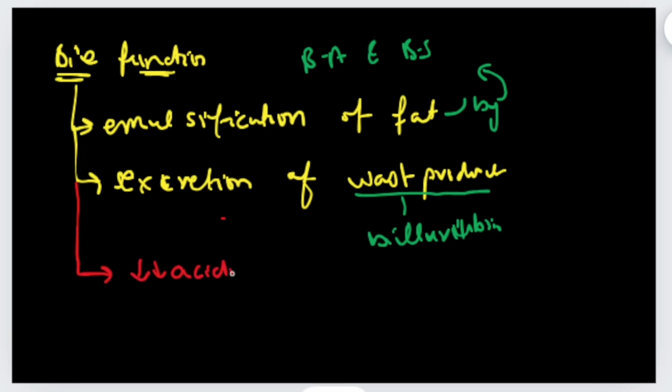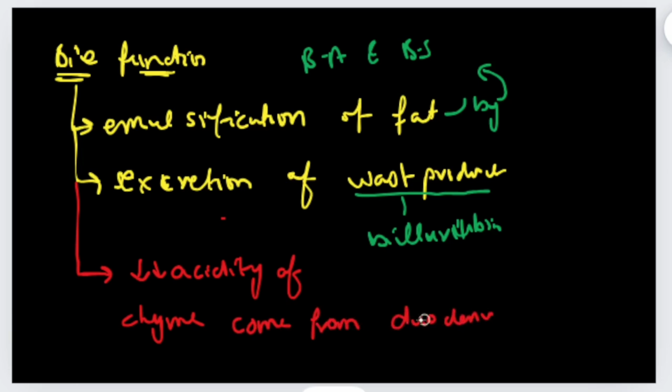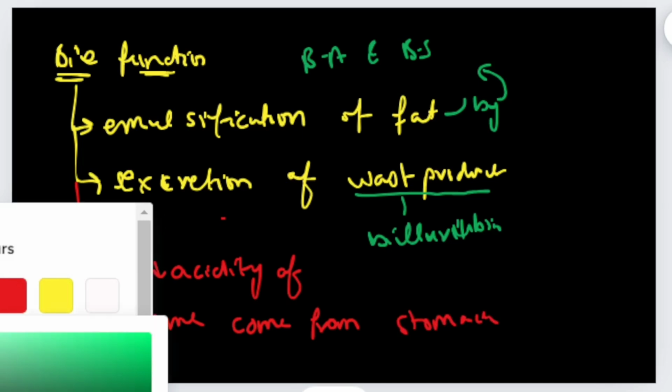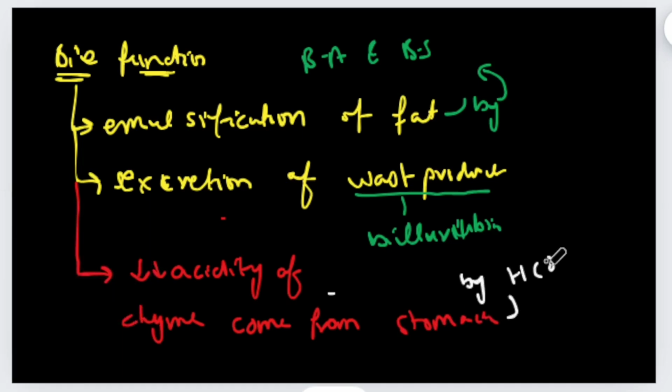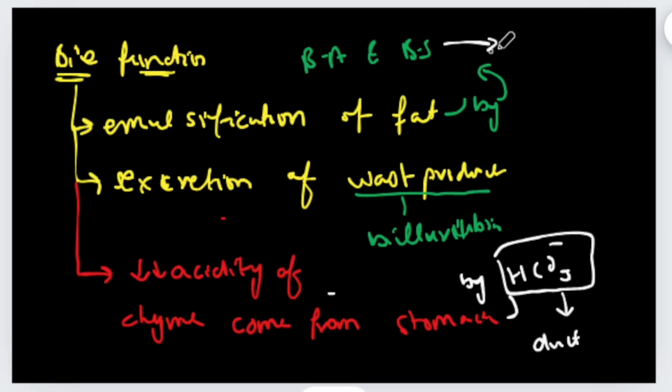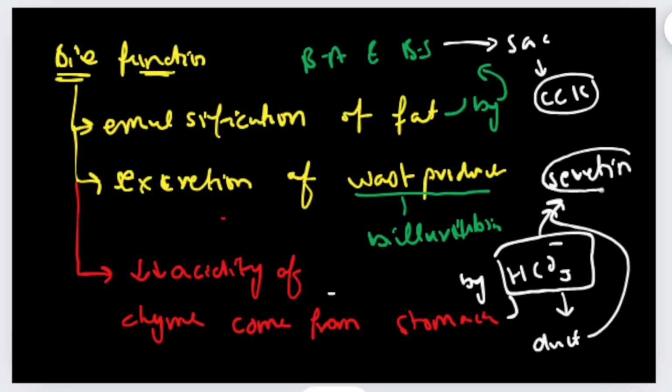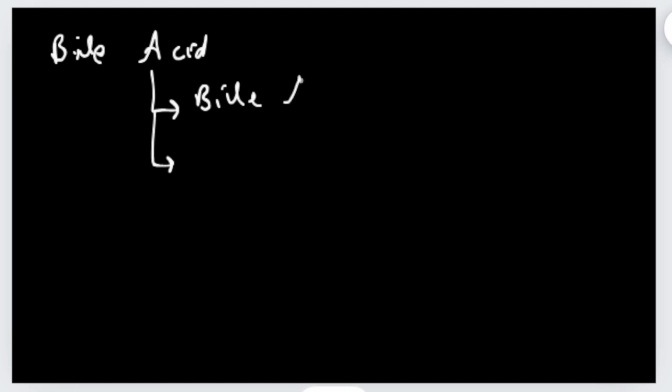Bile also decreases the acidity of the acidic chyme released from the stomach to the duodenum, by HCO3 ion. HCO3 is increased by the ductal system, where secretin acts, and cholecystokinin also acts.